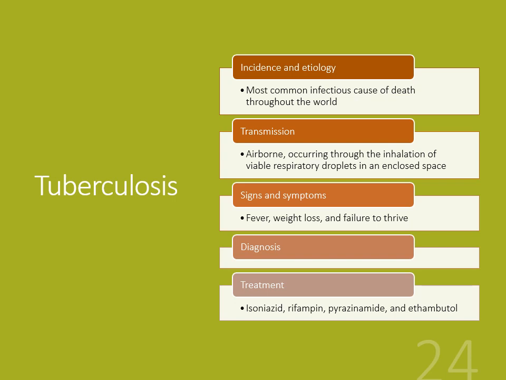Most children do not develop clinical disease unless disease resistance declines as a result of malnutrition, fatigue, or chronic illness. Transmission is airborne and occurs through the inhalation of respiratory droplets in an enclosed space, like living in close quarters with someone with TB.